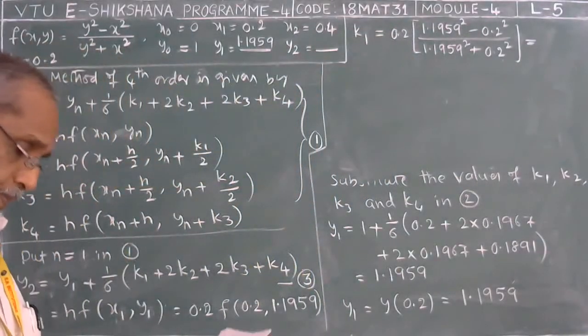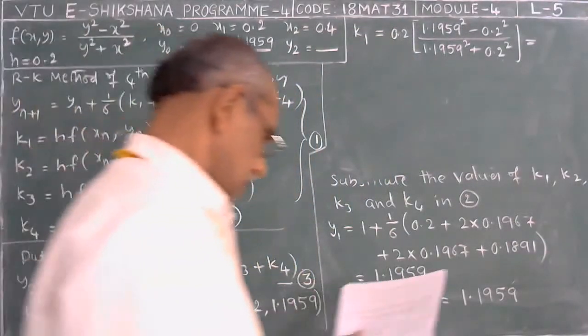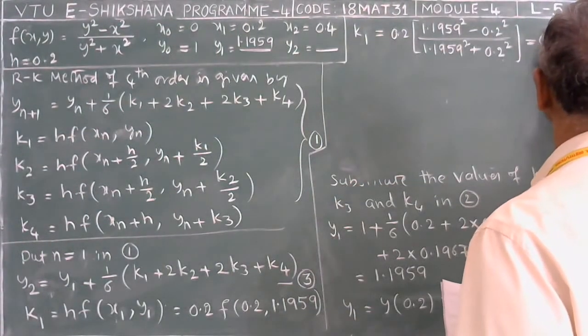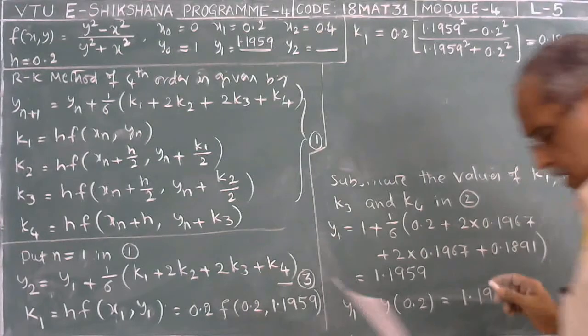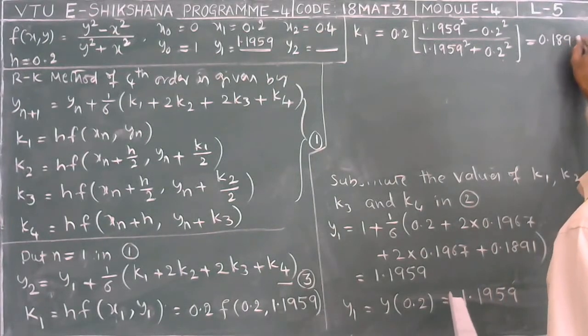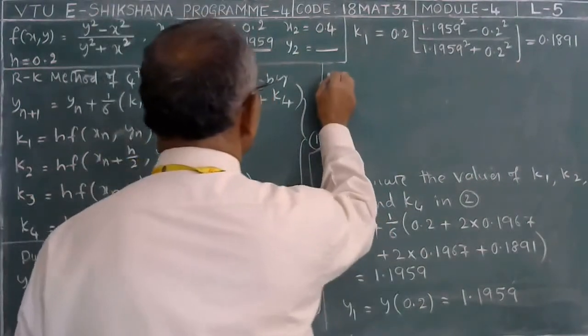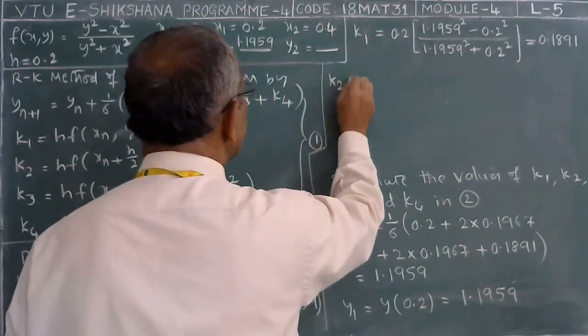Okay. So if you carefully compute this using calculator, you get 0.1891.